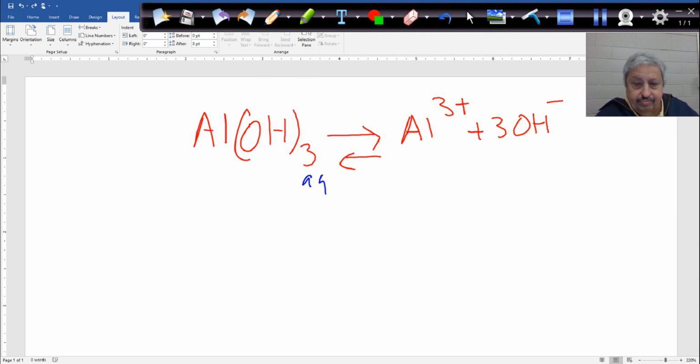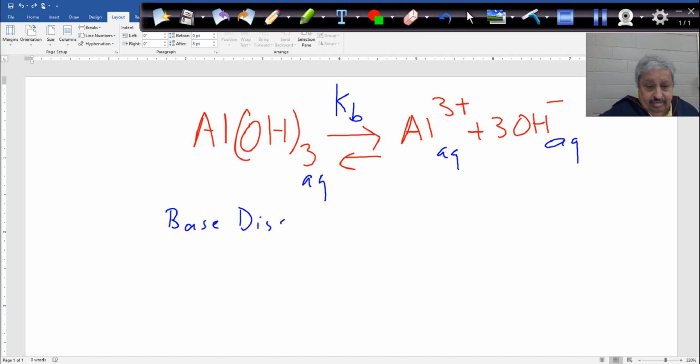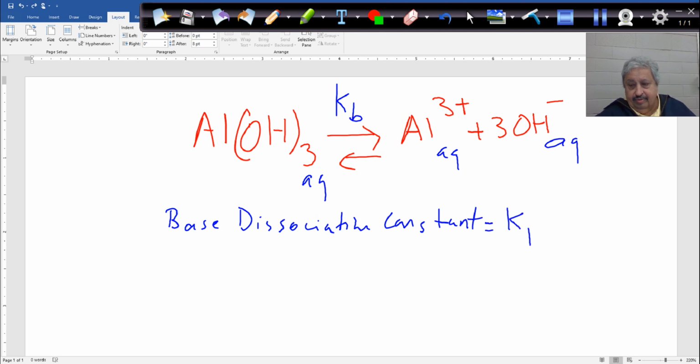Now let's look at this one here: aqueous, aqueous, aqueous. So this will be Kb, not the acid dissociation constant but the base dissociation constant. So the Kb will be the products over the reactants.